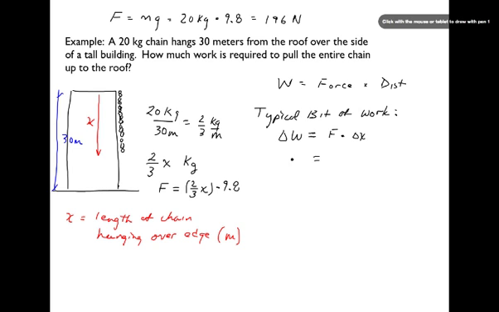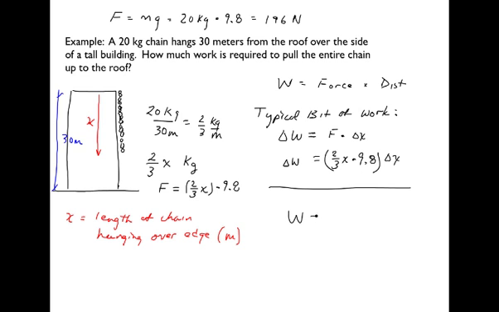So now I get my little bit of work. My little bit of work is 2/3 X times 9.8 times the little bit of distance. And so now the total work is the integral from 0 to 30.